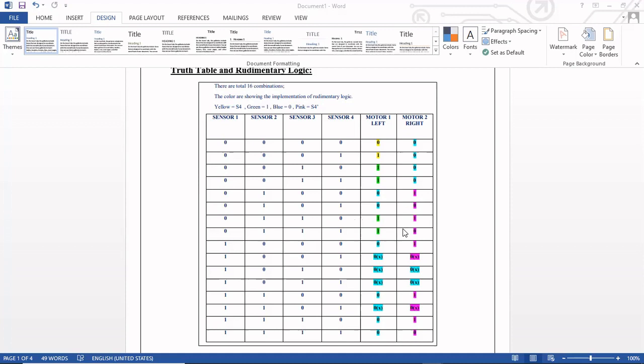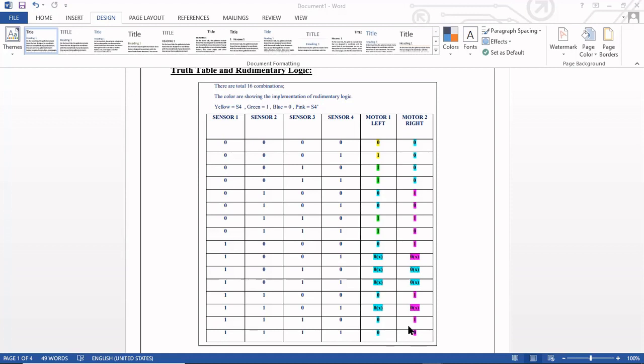For the next pair 0, 1, we have 1, 0. It is again S4 complement, represented by pink color. Then for the following pairs we have 0, 0 represented by blue, and S4 prime again for the last pairs. So it was all about the truth table and rudimentary logic.